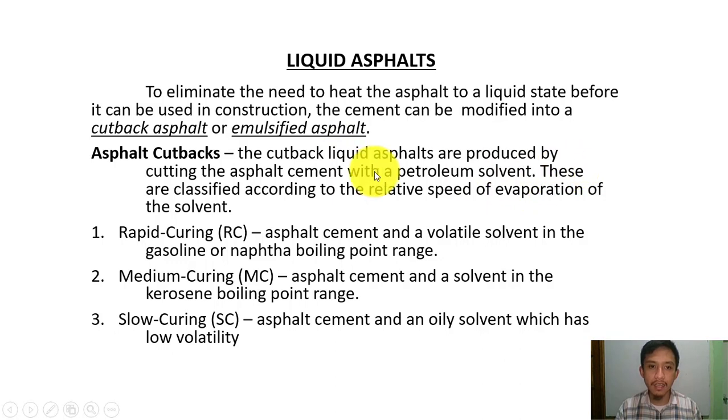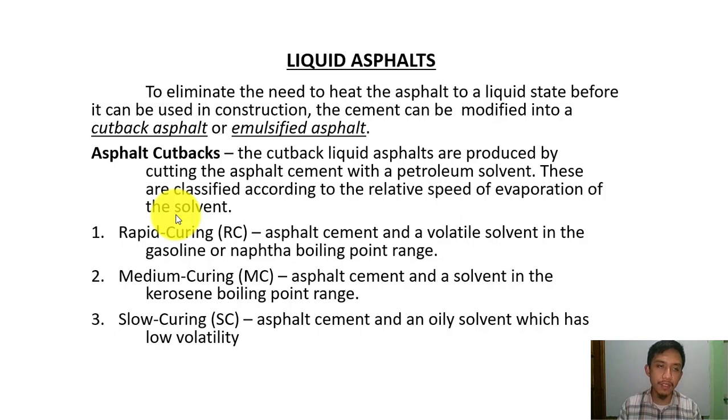And these are classified according to relative speed of evaporation. Your solvent is merely a solvent; that is not the binder. So if you mix that with an aggregate to make an asphalt pavement, it should have a chance to dry, so that it will perform its purpose as a pavement.